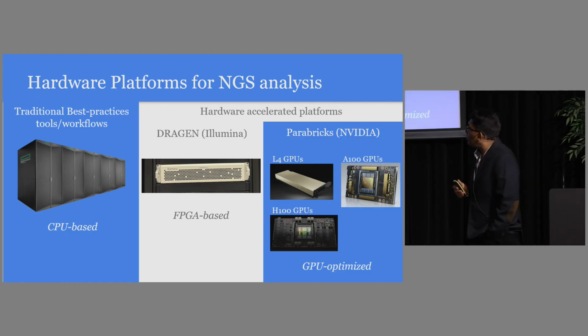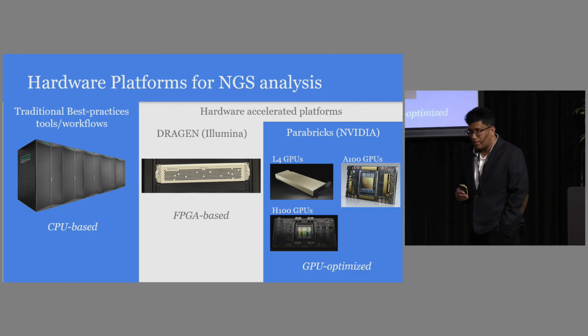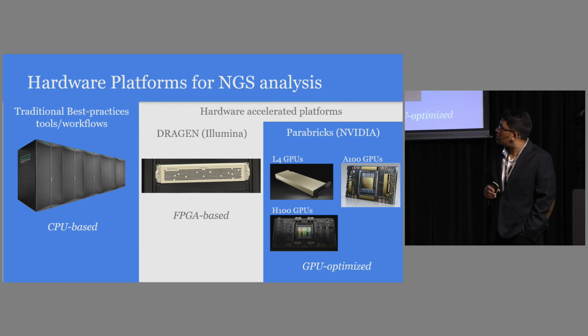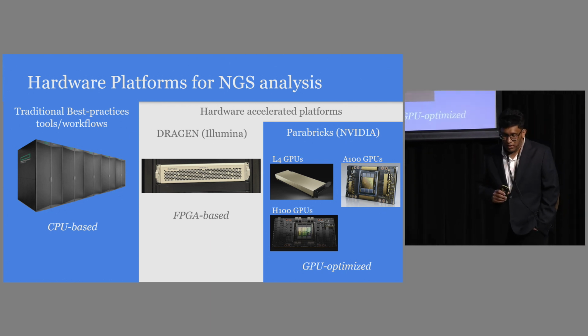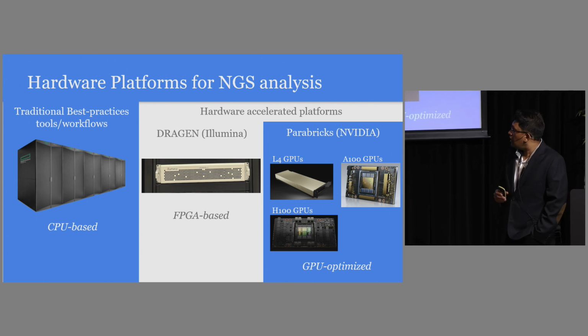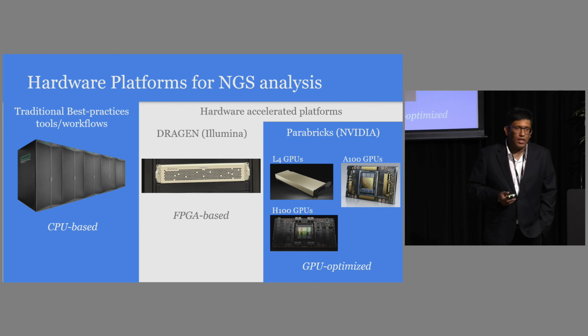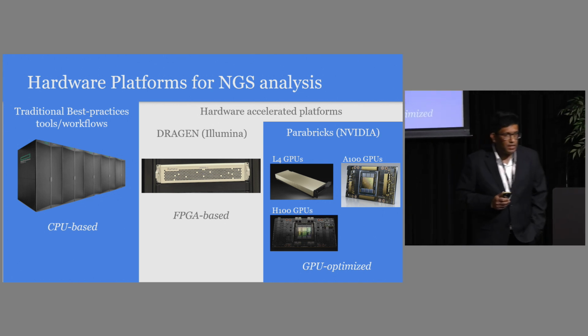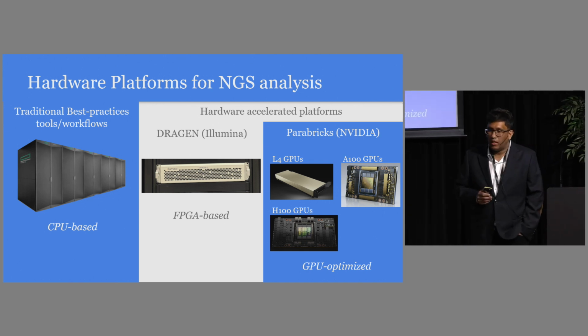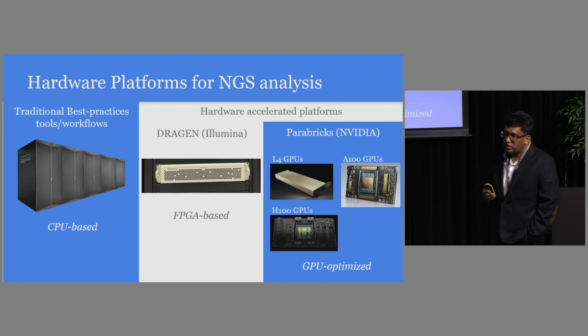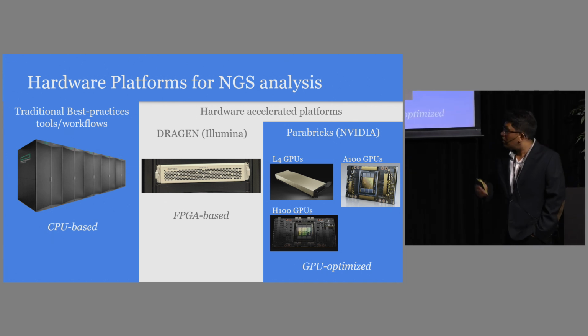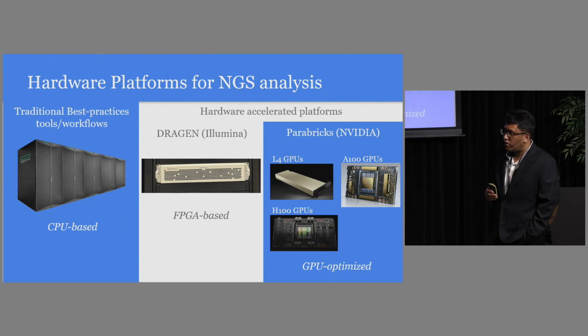So let's talk about the hardware used to run NGS analysis. The traditional best practices tools use CPUs for computational power, and due to the inherent nature of these CPUs, it takes hours and sometimes days to complete a single sample analysis. So this is a challenge, and scientists and engineers have addressed this by developing accelerated hardware platforms.